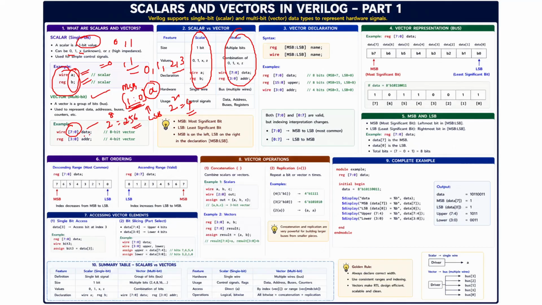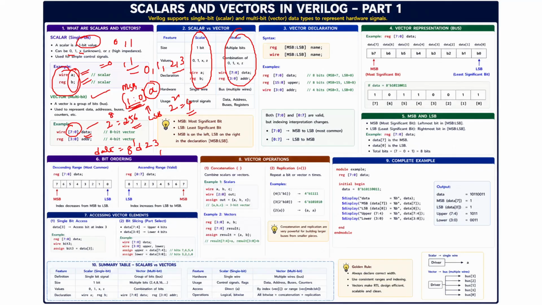Here I am assigning the value 8'd23. In that way I can store the values. This is 8-bit storage.